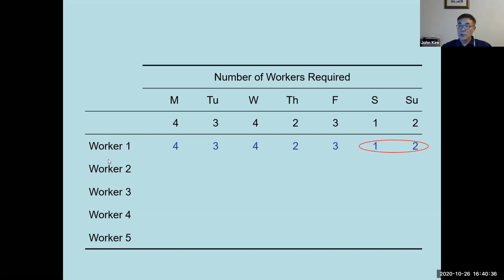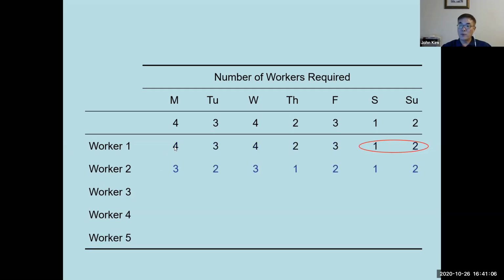So for worker 2, because worker 1 is assigned, subtract 1 from Monday, Tuesday, Wednesday, Thursday, and Friday. And Saturday and Sunday, worker 1 isn't assigned, so those numbers remain the same. So it changes like this.